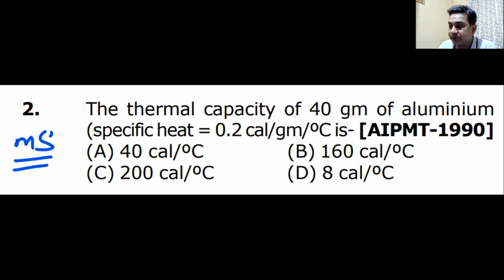Yes or no? You just multiply them both and you get your answer. And the answer is 40 multiplied by 0.2, which is 8 calorie per degree Celsius. Do you all understand this? That is the answer.